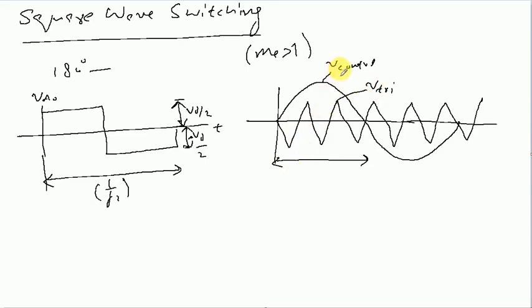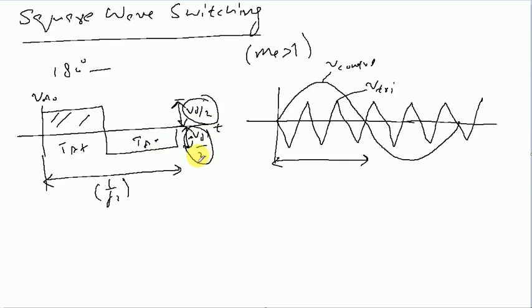As we had a condition that as long as the control signal is greater than the triangular signal, so for this whole region this is greater than this, and our first switch that we had labeled as TA plus will be on, while for this particular range the value of the control signal is less than the triangular signal. So the other switch, that is TA minus, will be on, and when TA plus is on, we have the output voltage equal to VD by 2, and when TA minus is on, the output voltage is equal to minus VD by 2.